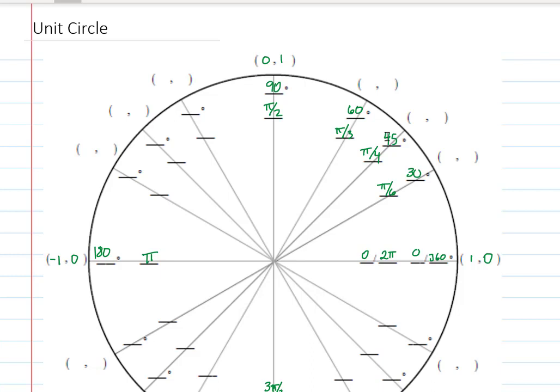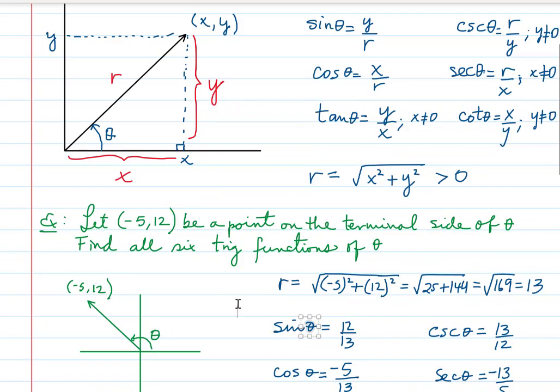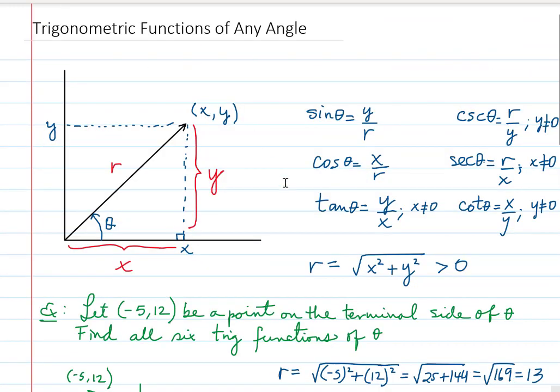Now, the ordered pairs for these angles are going to come pretty much from the part where we discussed the special right triangles. So remember these special right triangles that we did in the previous section. If we go back to what we were doing here, if we drop a perpendicular for each one and make the right triangle to derive this formula, remember that this is going to give us the trig functions of any angle.